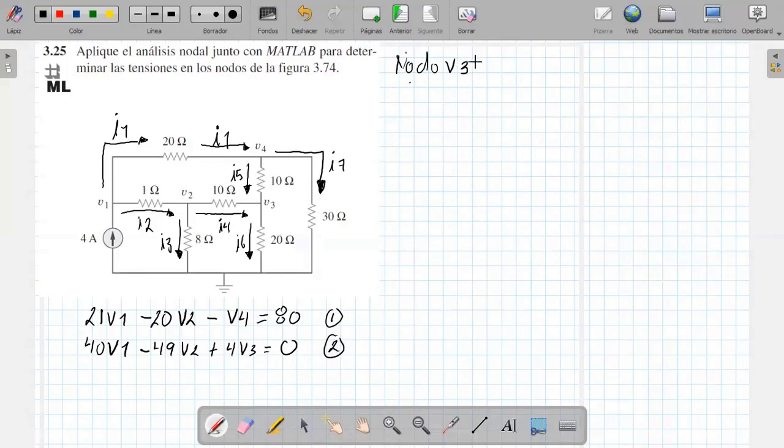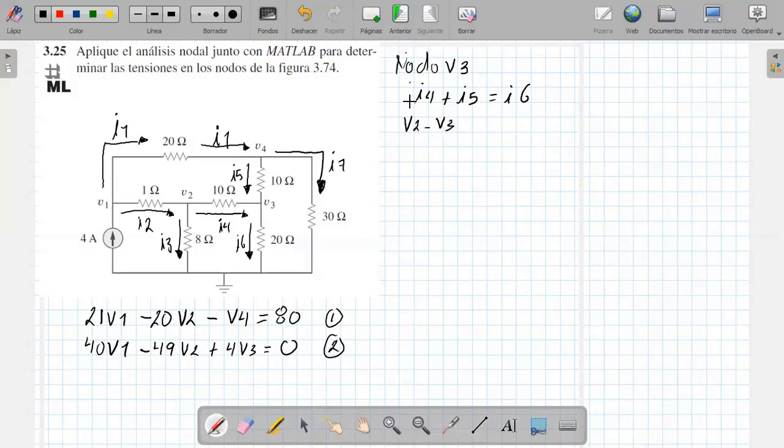At node V3, the currents that enter are going to be equal to the currents that leave: I4 plus I5 equals I6. The I4, the one that comes here, would be V2 minus V3 over 10.